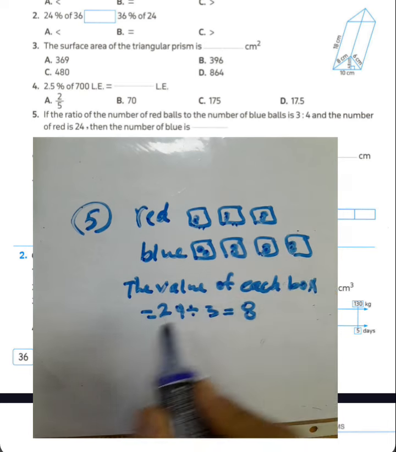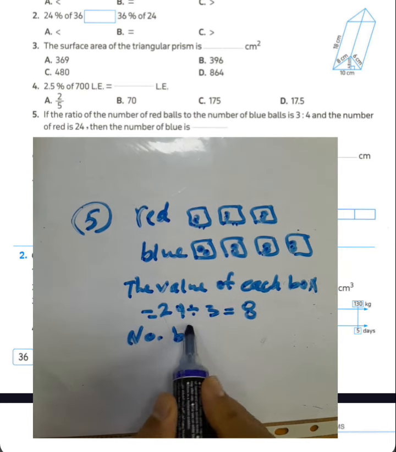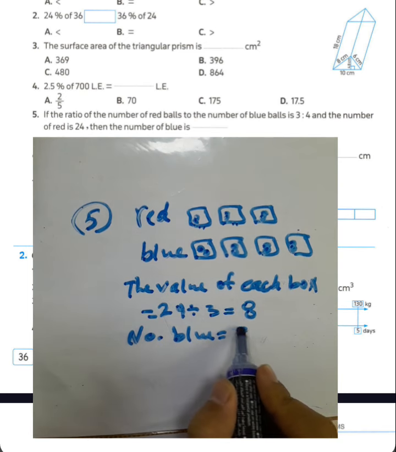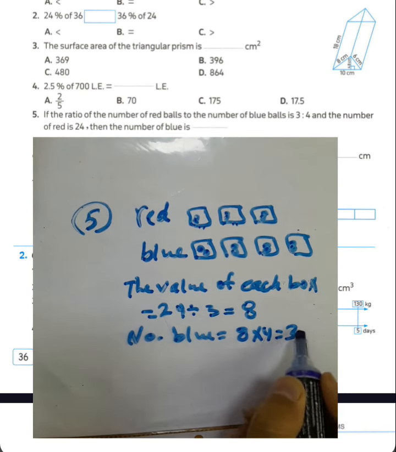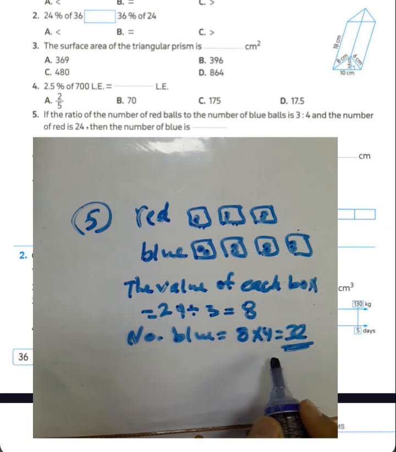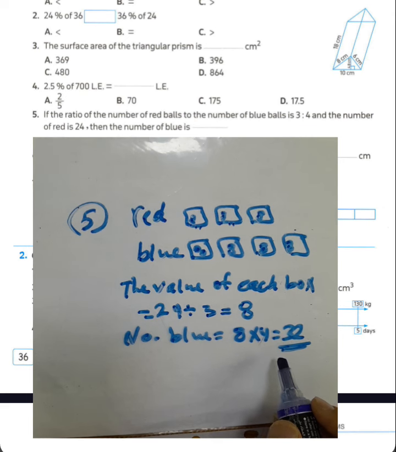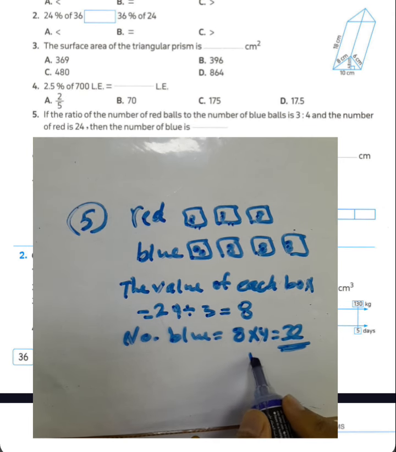Then the number of blue balls will be 8 product by 4 equals 32 blue balls. Okay, understood?